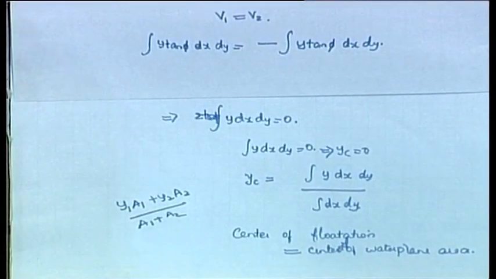In such a case that a body is floating and it undergoes a tilt such that the whole volume does not change, only the volume that has emerged and submerged are different and they are equal. Whatever has emerged is equal to whatever is submerged, such that the total volume change is 0. When a body tilts in such a fashion, it is always tilting through its center of flotation.